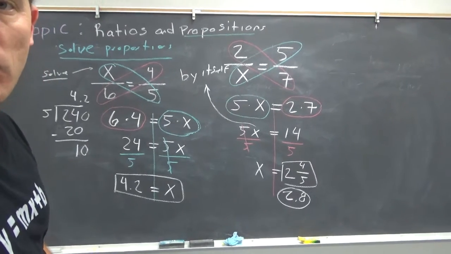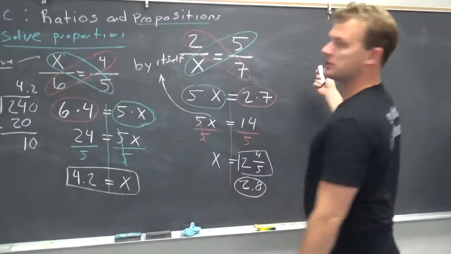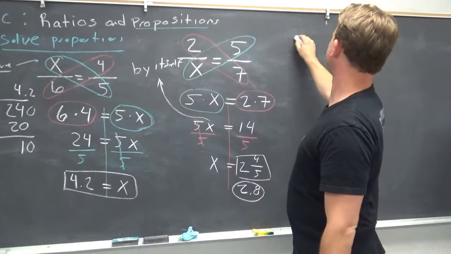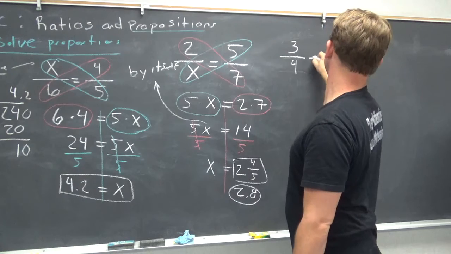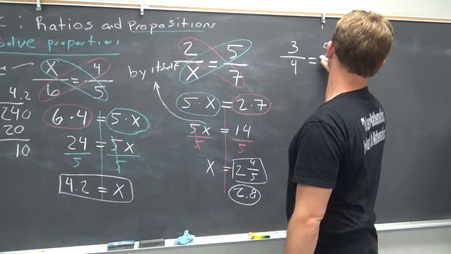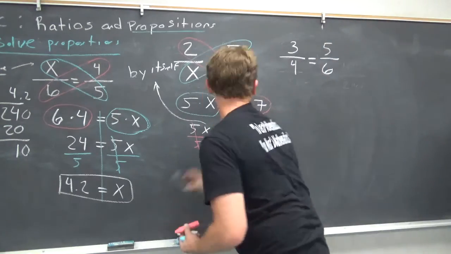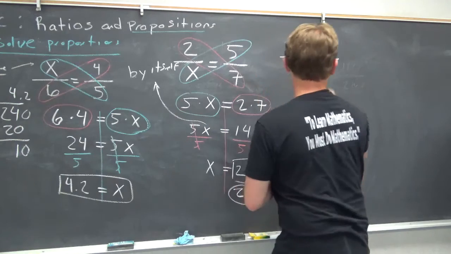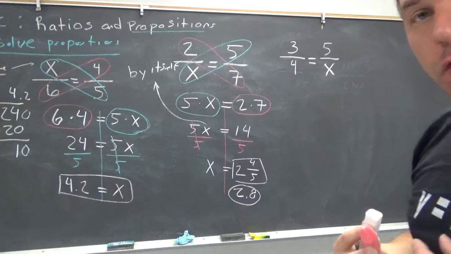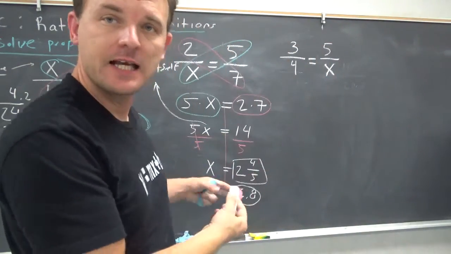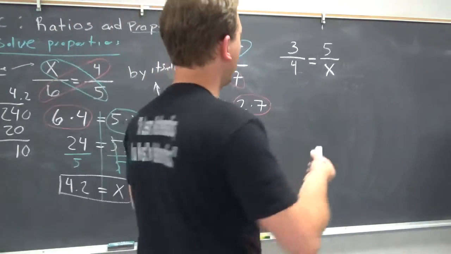So let's do some more. This one over here. So what we're trying to do is solve for the x to make this proportion equal. We're trying to make these proportions equal.